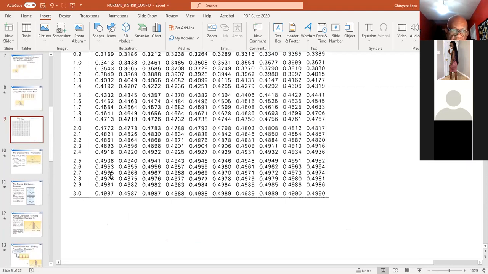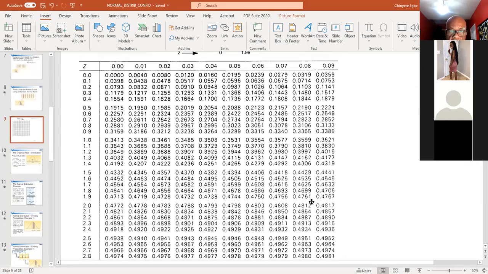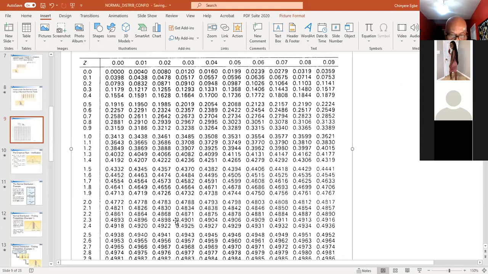Yes. So where do we get 49%? We're going to look here until we see 49%. We see 0.4901. So we're not exact, right? We see 0.4901. So 0.4901 corresponds to what value of Z?